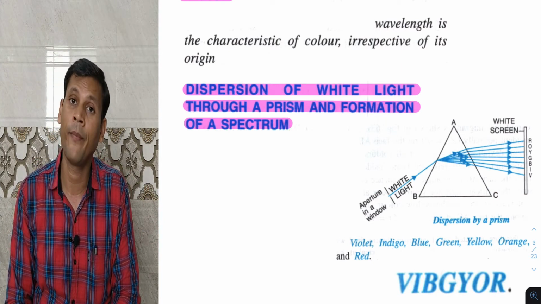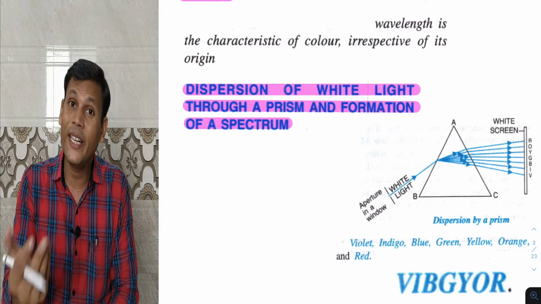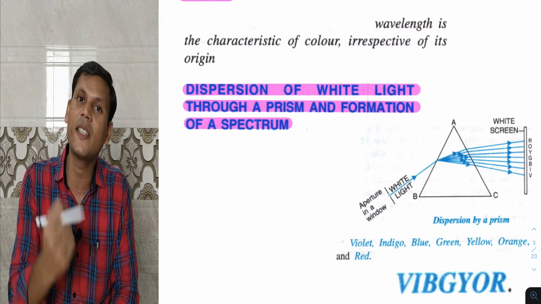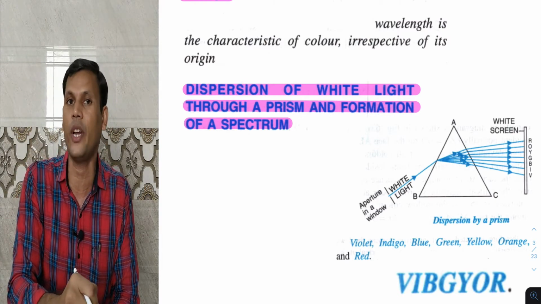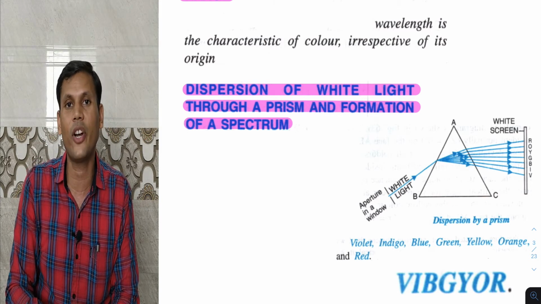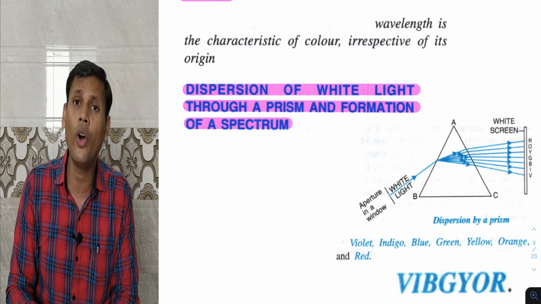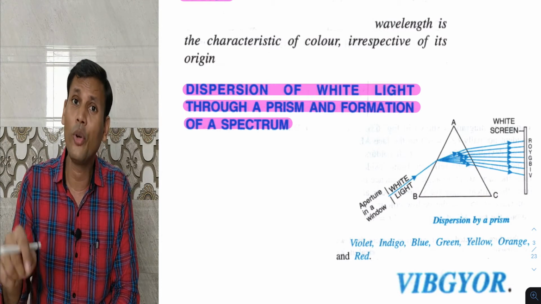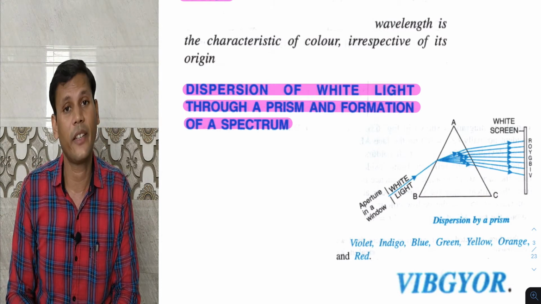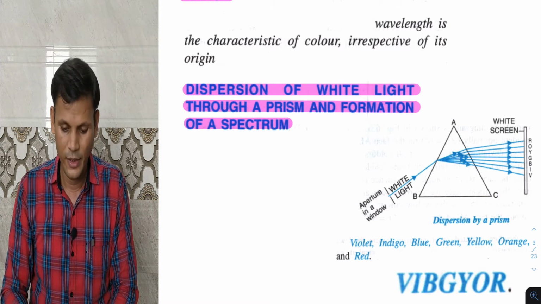We can say, and I already have mentioned that white light consists of the 7 constituent colors, and those colors are the part of the spectrum Vibgyor: violet, indigo, blue, green, yellow, orange and red. We will see further.